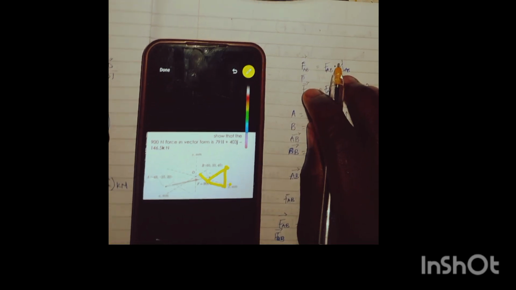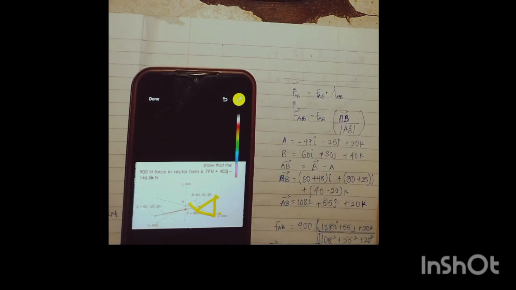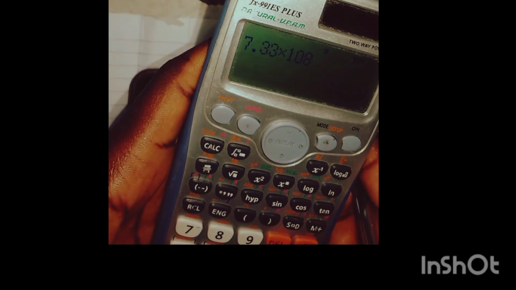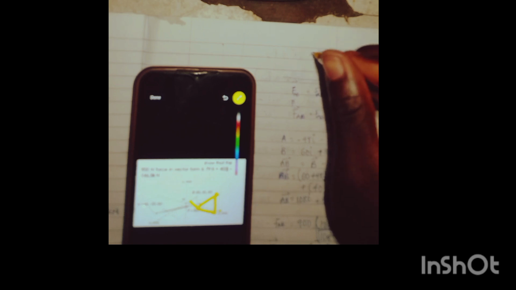So let's come back here and solve this particular point. So we'll be having 7.33 times 108, which is 791.64.